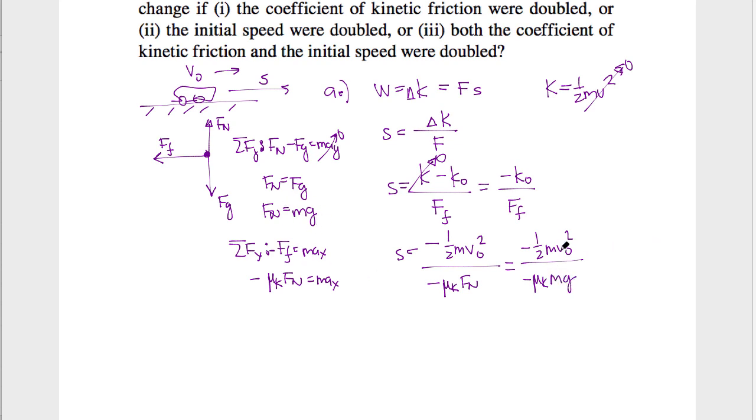So what I see ends up happening here is mass cancels and negative signs cancel. And so I'm going to move my 1/2 to a 2 in the denominator. And so my displacement will just be v naught squared over 2 times mu times g.